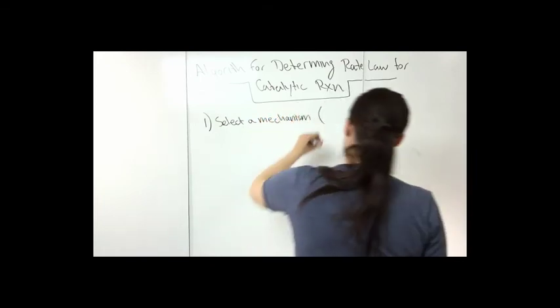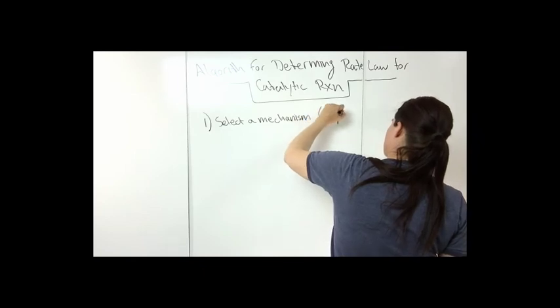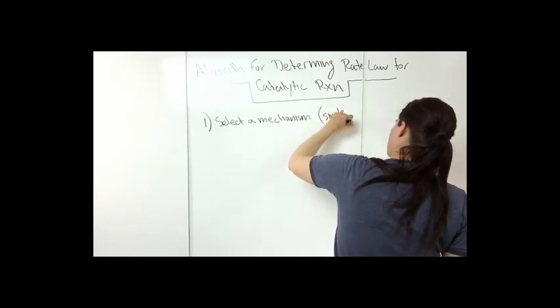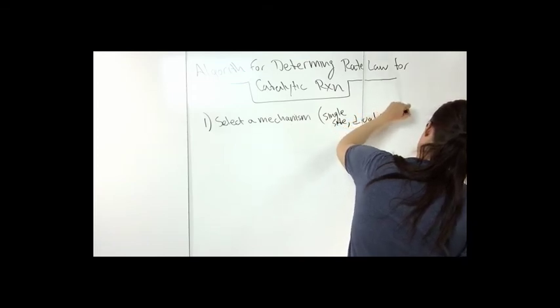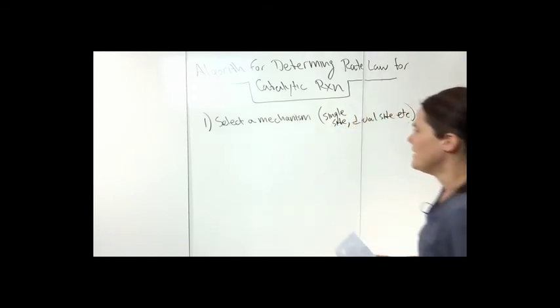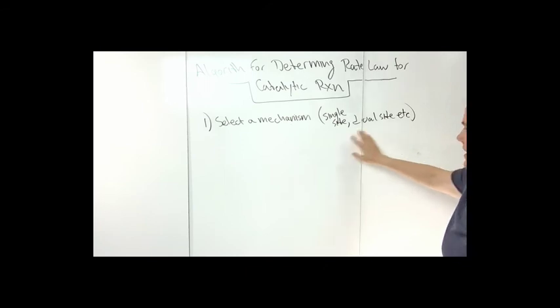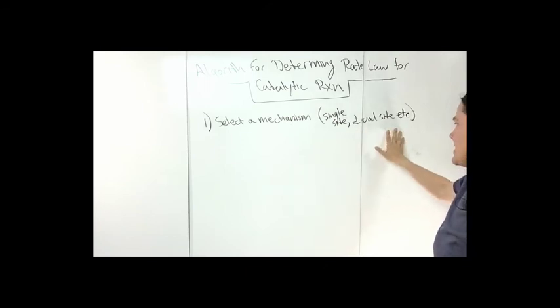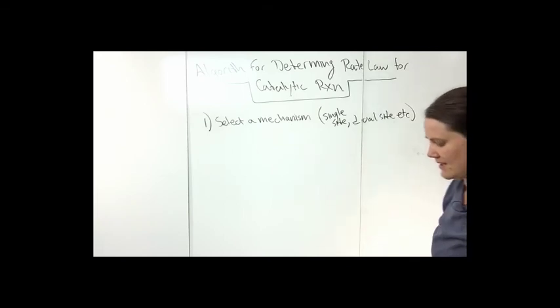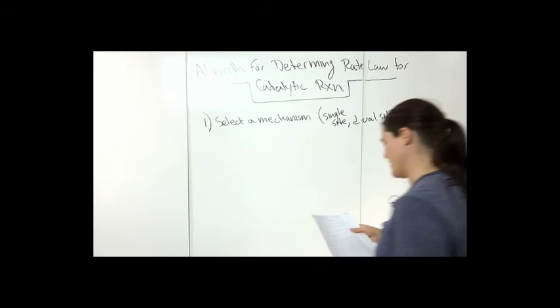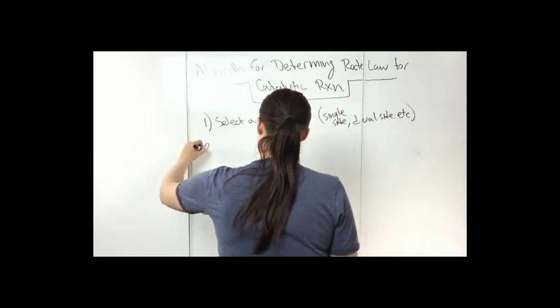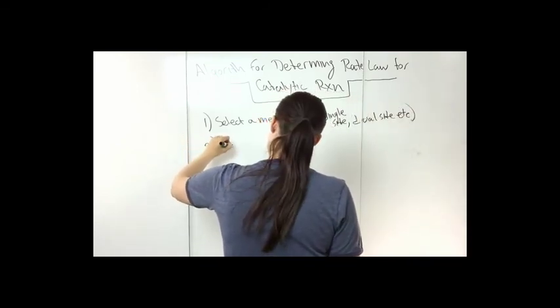This would be single site, dual site, etc. A lot of times this is just going to be given, but if you don't know this, then you need to select what it is for your reaction and then write your reaction.